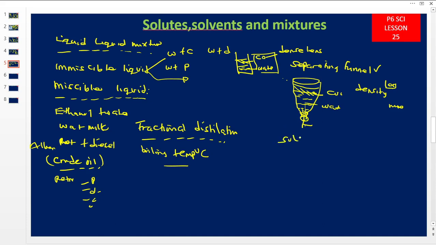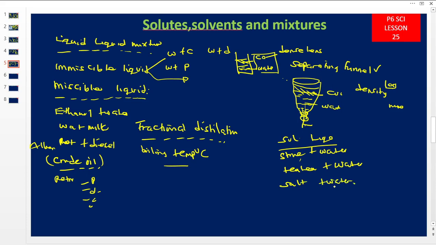Okay, let us look at another type of mixtures. This is solid liquid, whereby the solid is going to be a solute and the liquid a solvent. So for example, acetone plus water, tea leaves in hot water, then we can get salt plus water.